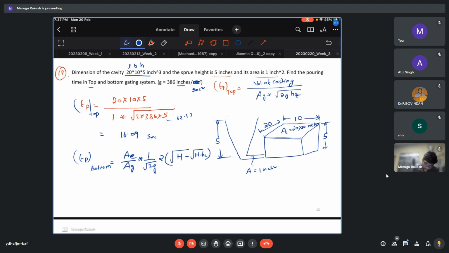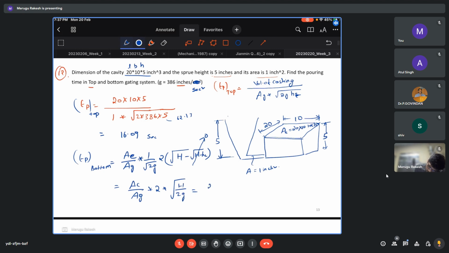In this case this is 0 because the casting height and screw height are both equal. So then we have A cast by A gate. So this is the formula.